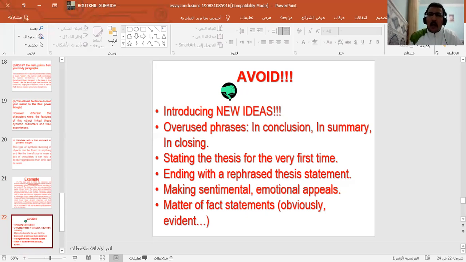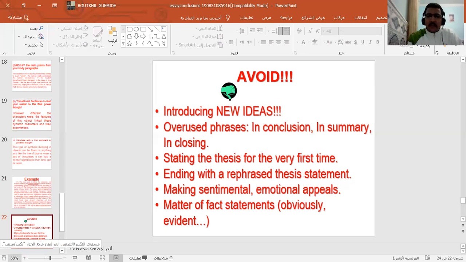Never rely on overused phrases like in conclusion, in summary, in closing. Try to use powerful words and phrases that really indicate that your essay is coming to an end.